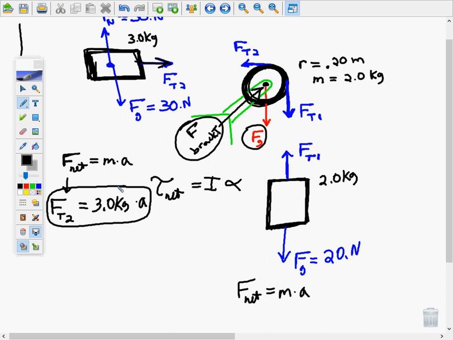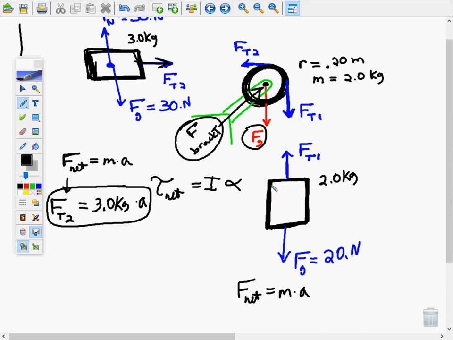I want to jump down over here to this object right here. Andrew, I want to replace F net equals ma for this object. It's going to be Fg minus Ft1. Right, and what's the value of Fg? 20 newtons.